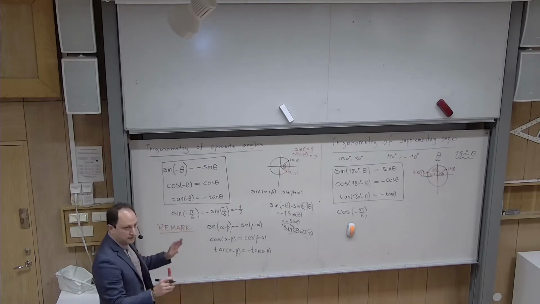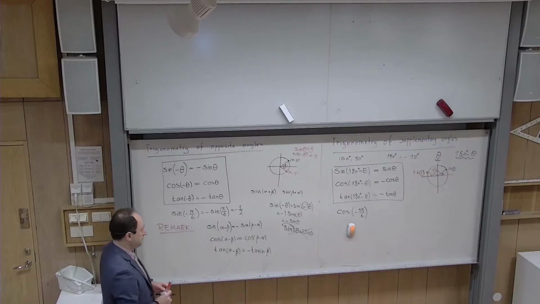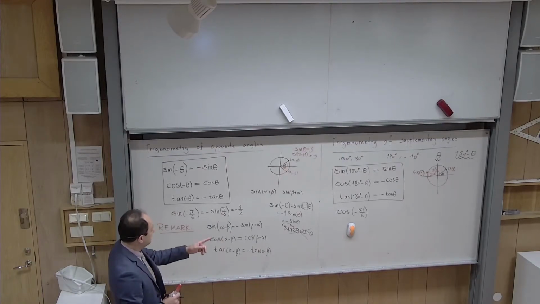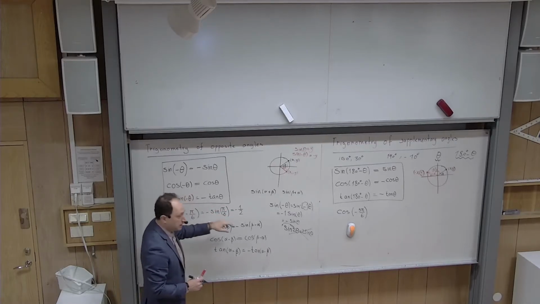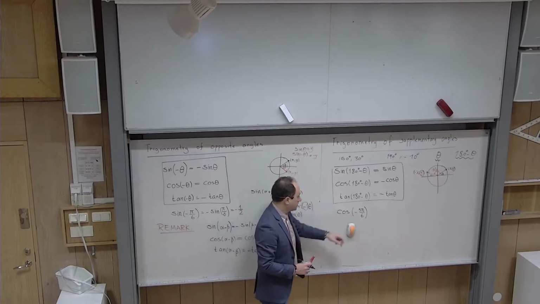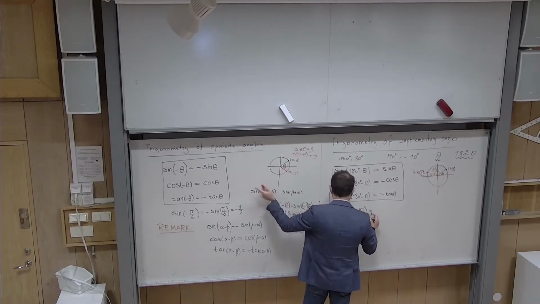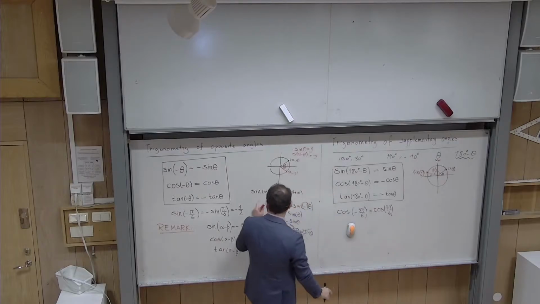Assume that the table of famous angles is given to you, and you're supposed to determine the exact value of this. If I want to calculate this myself, first I will not use that rule, I will use this rule, yes? Because I have a negative sign in front of cosine. According to what I told you here, it becomes exactly equal to cosine 5 pi over 6. Why? Because of this equality.